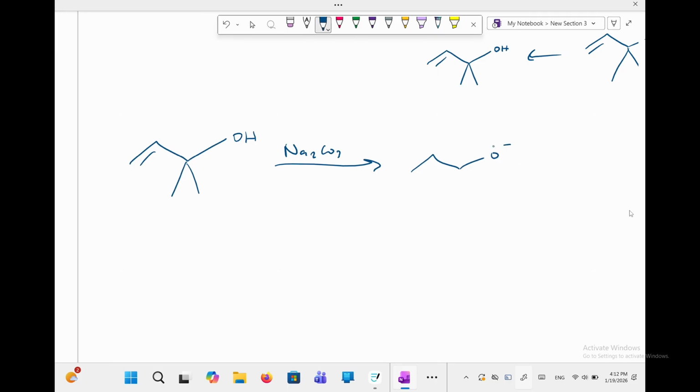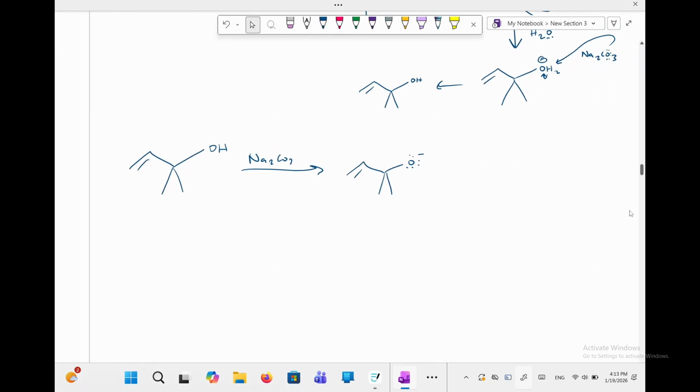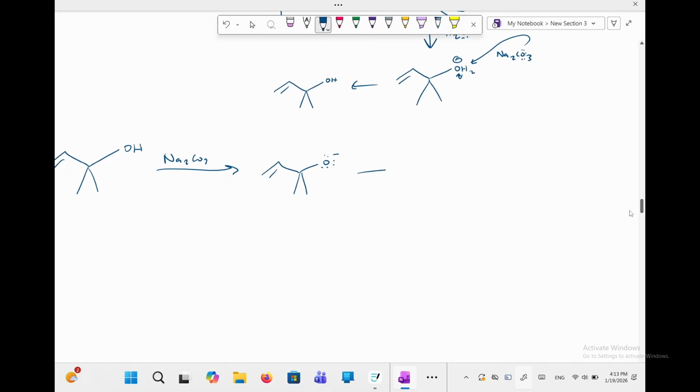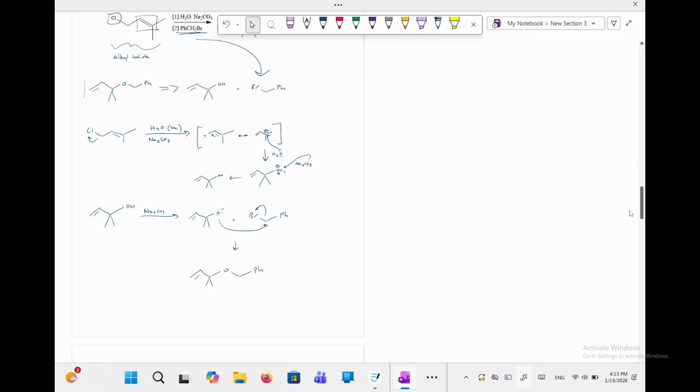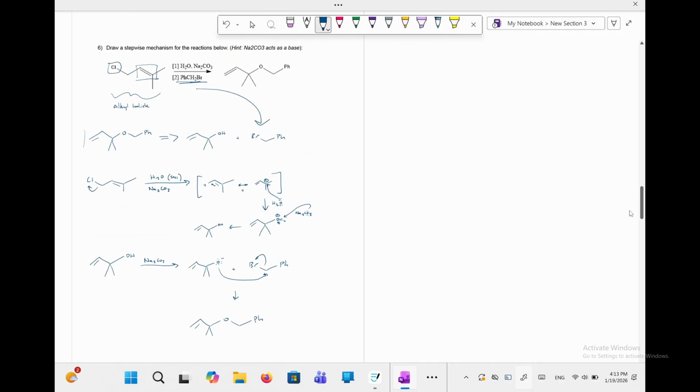And now I have my alkoxide for me to do SN2 with the alkyl bromide. And now we get this. That's exactly what I got here, okay? Easy.